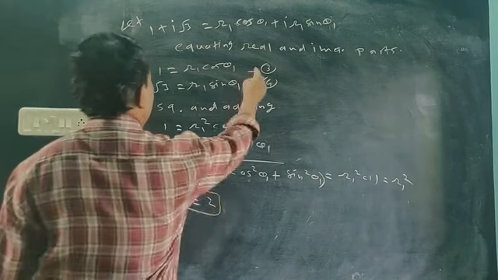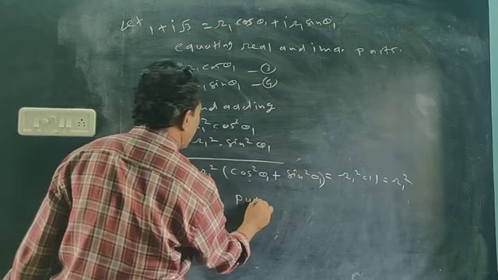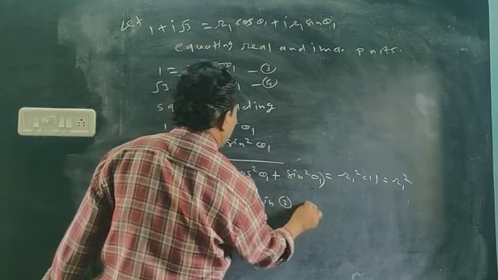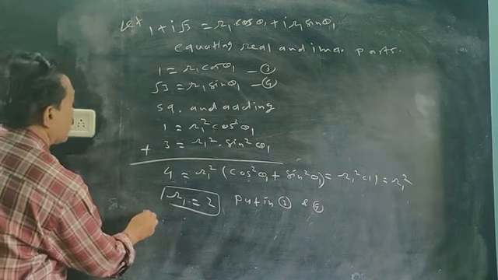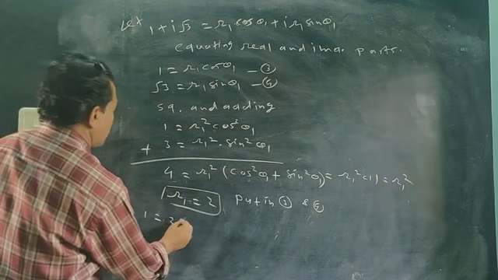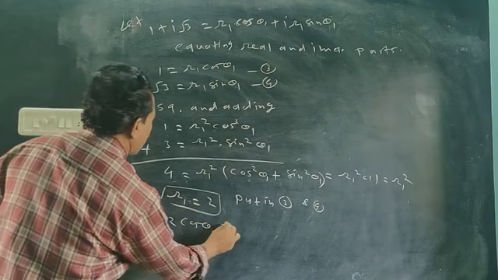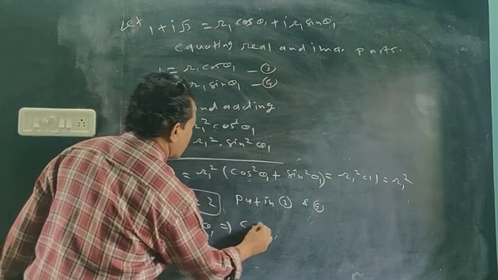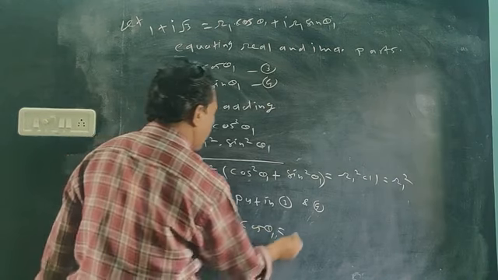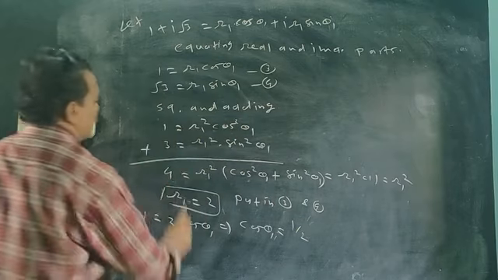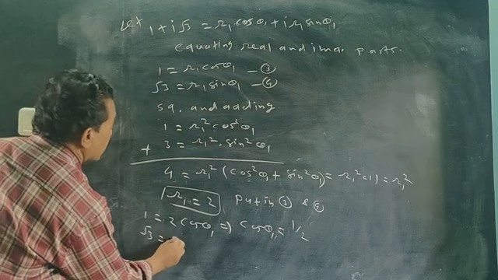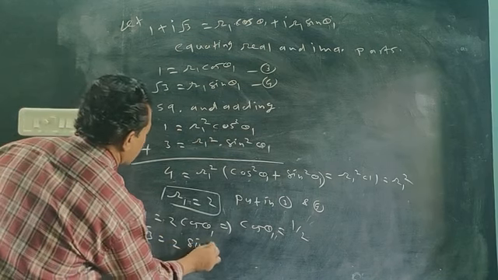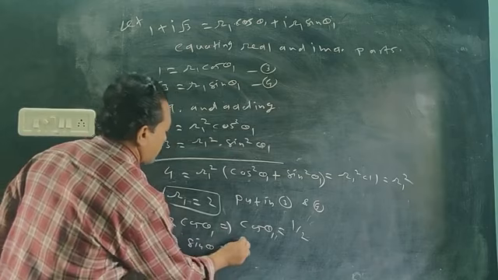Okay. Put this value in equation number 4 and 5. So 1 equals r1 means 2 cos of theta 1. So from this cos theta 1 will be 1 by 2. Then similarly the second: root 3 equals r1, which is 2, sin theta 1.